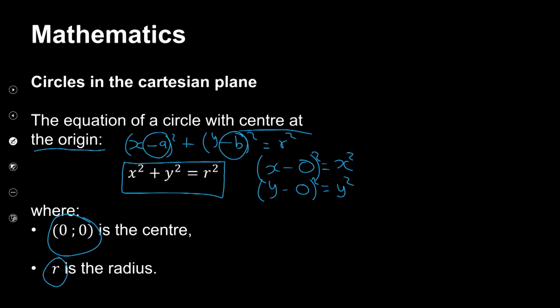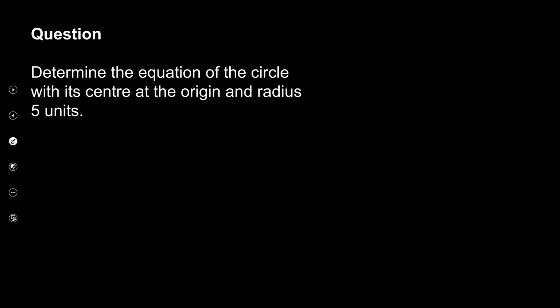That does not change. To try and apply what they've just told us, firstly they say determine the equation of the circle with its center at the origin. So immediately I will know that it's 0 and 0, and the radius is 5 units, so that's r.